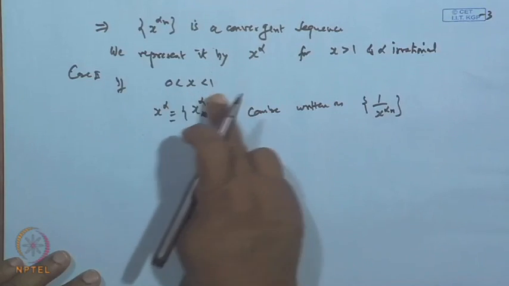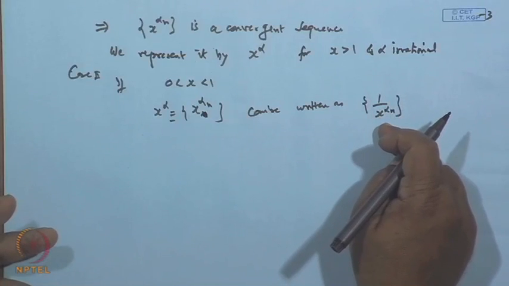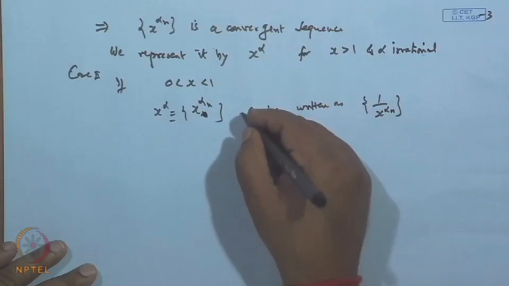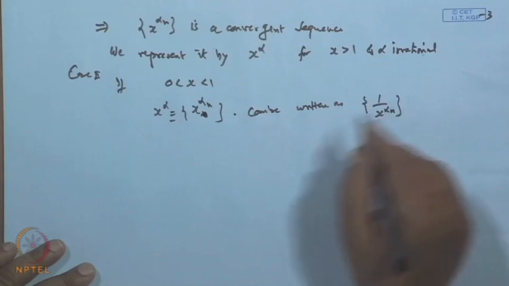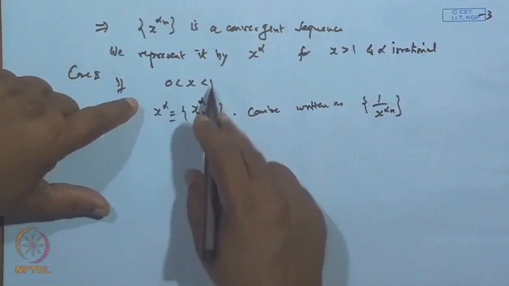If x lies between 0 and 1, then 1 by x is greater than 1, is it not? So, if we consider this sequence, x to the power alpha can be written as this for x lying between 0 and 1.